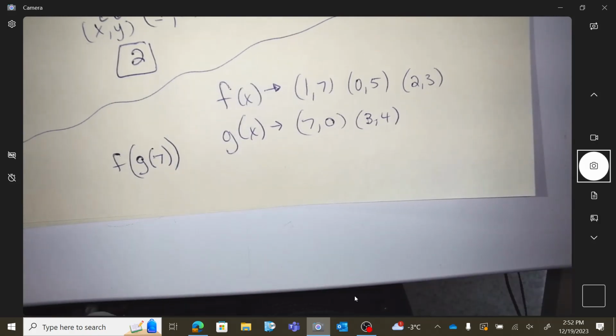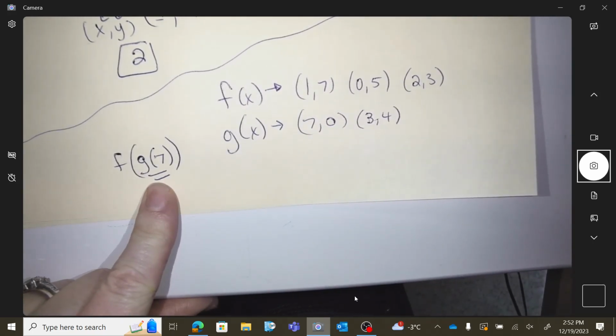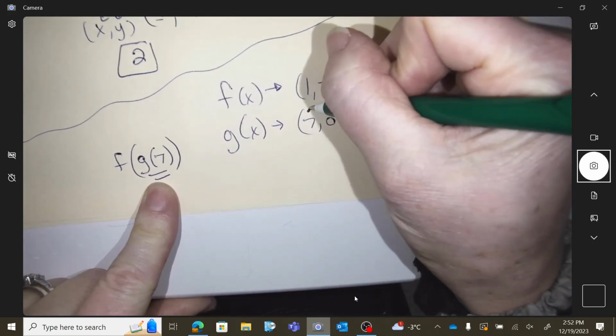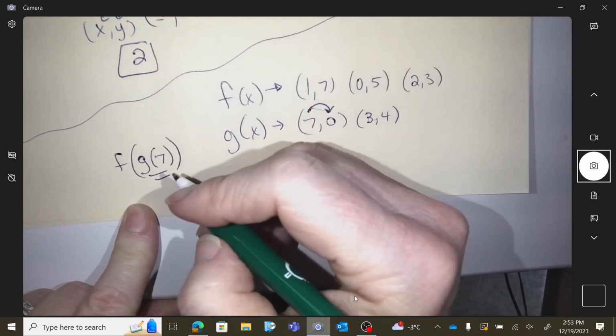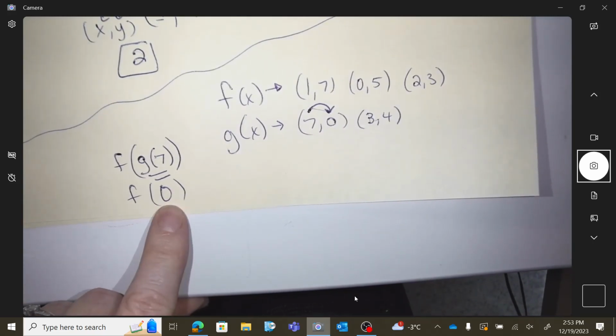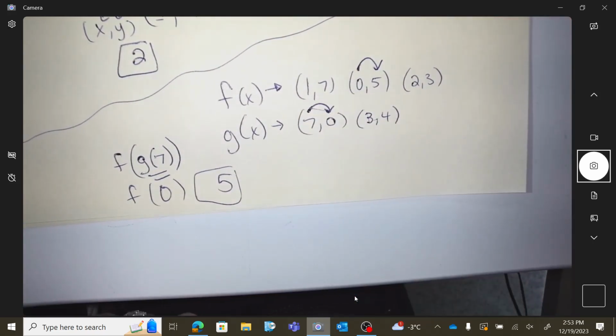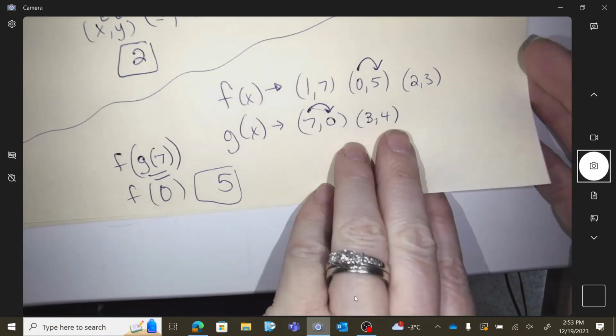Do you understand how to follow that same idea? So what is the G of 7? The G of 7 is 0. Then what's the F of 0? Okay, does that make sense? Same idea, it's just from a graph to coordinates.